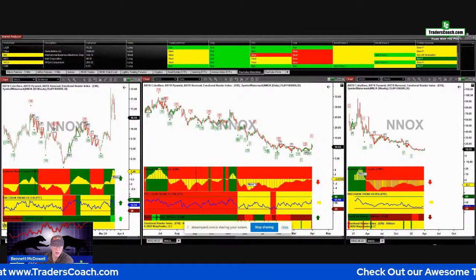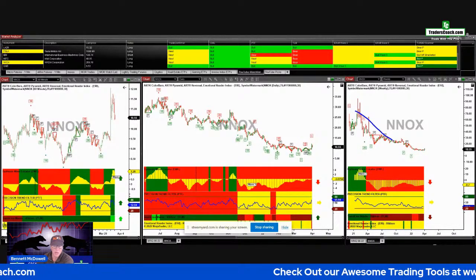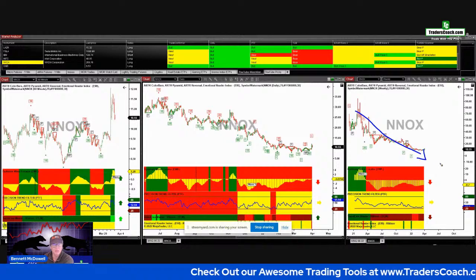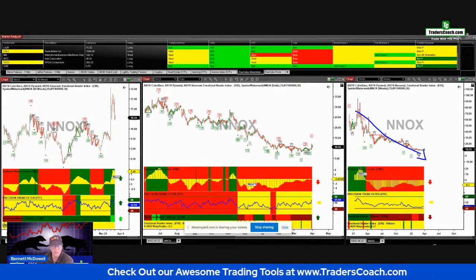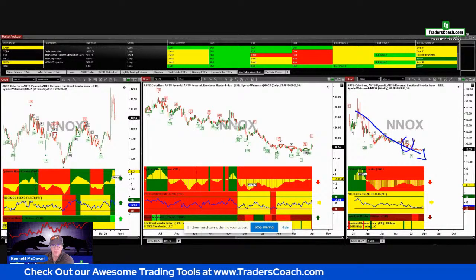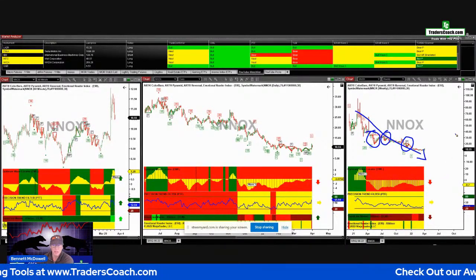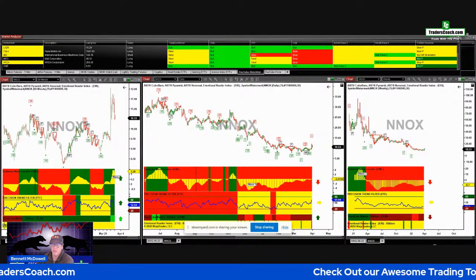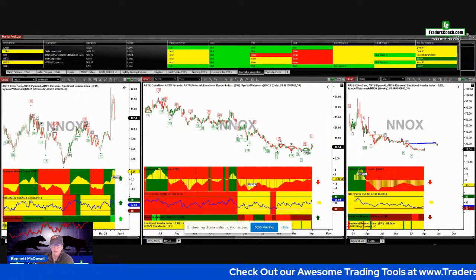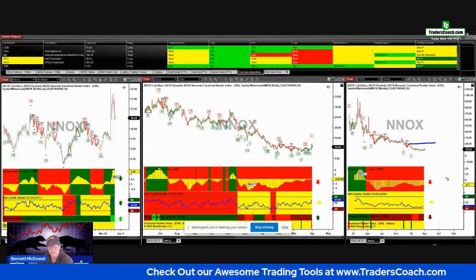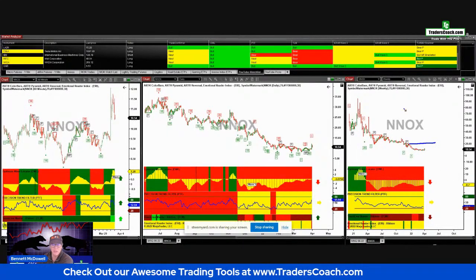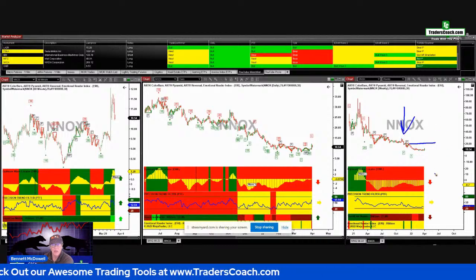Now, if we look at the long-term time frame, we actually still have an active short trade if you were trading this time frame, because of these pyramids, the triangles you see on the chart. They're called the ART pyramids. As long as prices stay below the flat part of the triangle, the position is still active. In this case, the pyramids are pointing down, so this is a short trade.